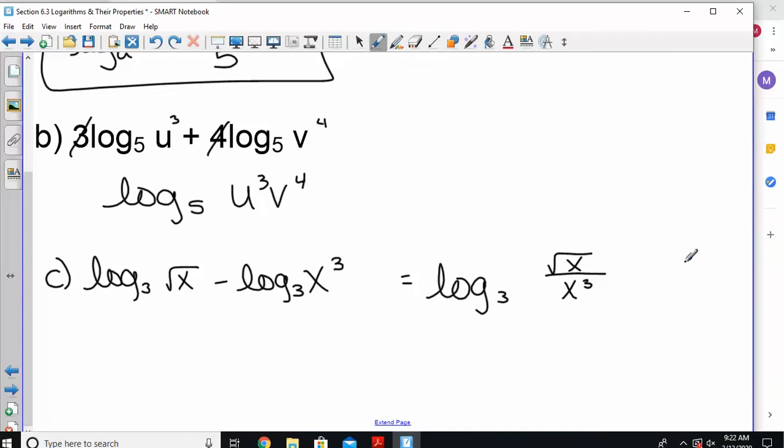If you had wanted, you could have written a square root as x to the 1/2. So if you did subtract exponents and you wrote this, I would also take that. Any questions on those?